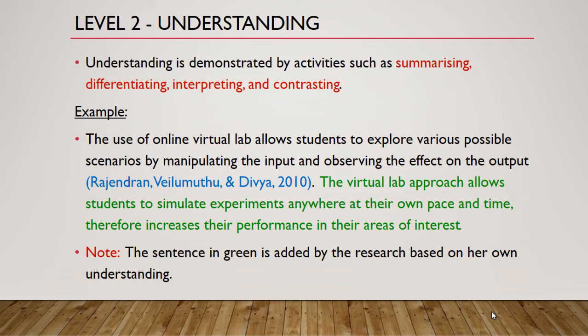Review means that you give your thoughts on what you have read, in addition to capturing the original message from the existing authors, but you add your own. So this is where the value of literature review is. So this is an example of level 2 understanding.